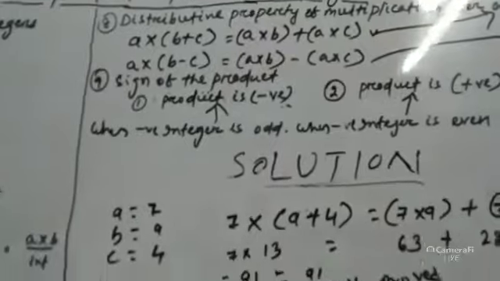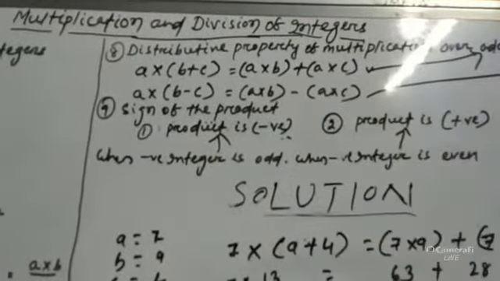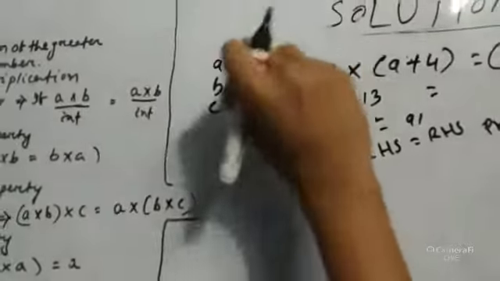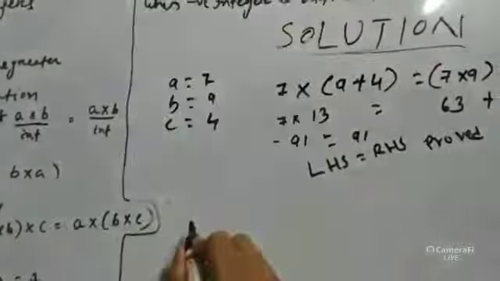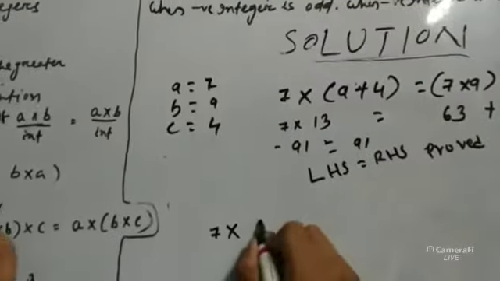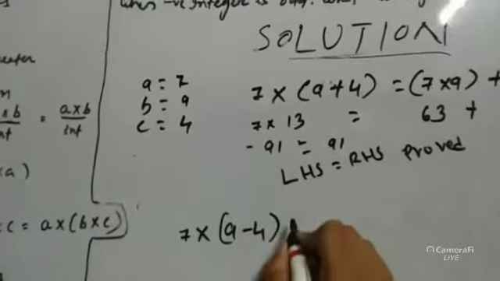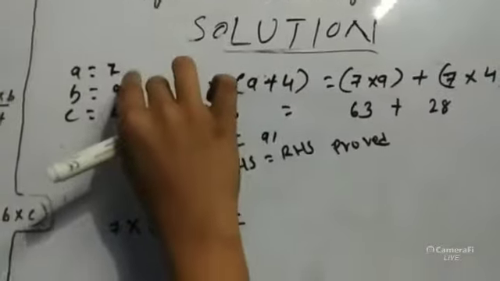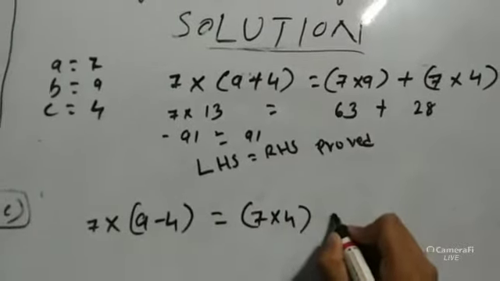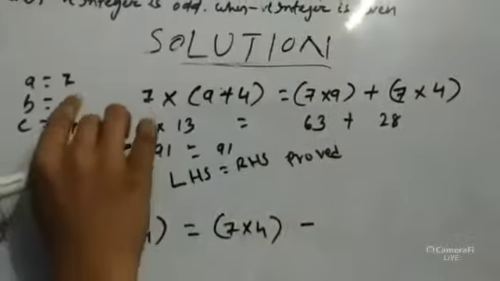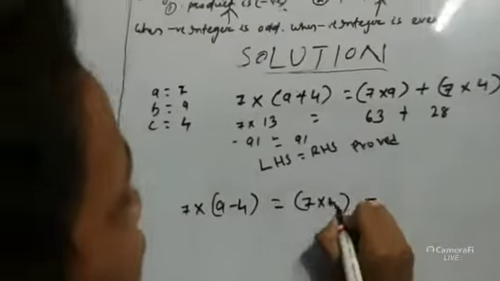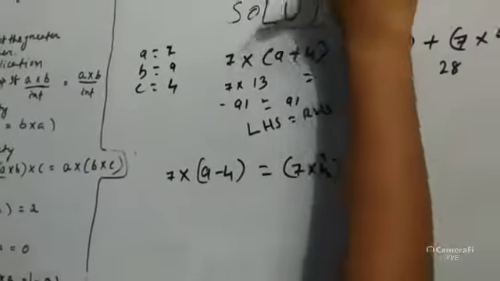Sorry, for the minus also the formulas are there. We will take these same numbers. a into b minus c, means 7 into 9 minus 4, equals a into b, 7 into 9, minus a into c, 7 into 4.